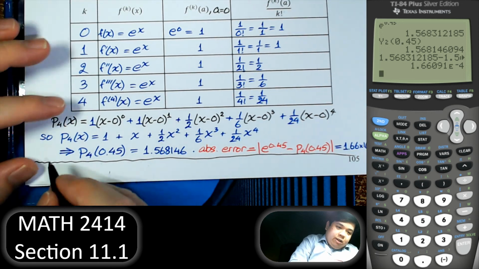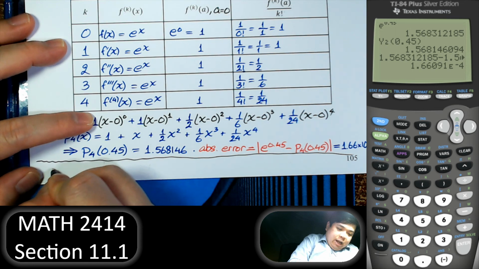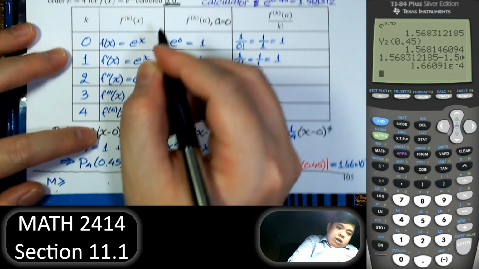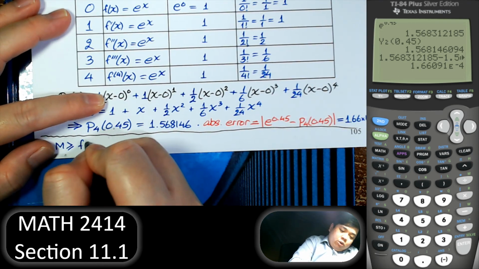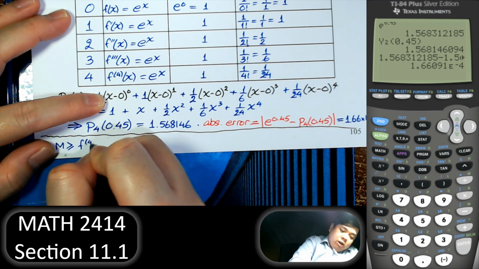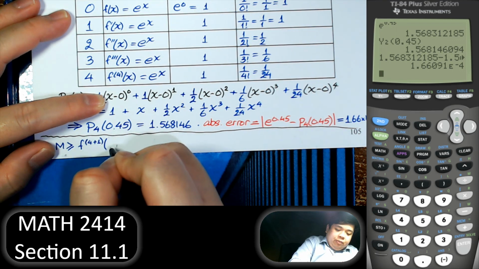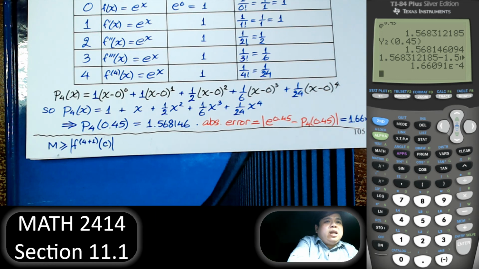M is going to be bigger or equal to the n plus 1 derivative at the point c, where n is 4, so it will be 4 plus 1. So what's that?